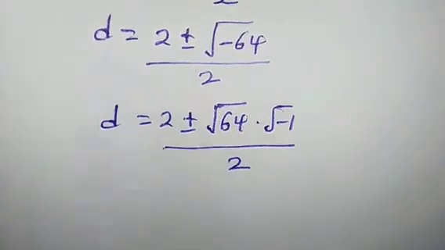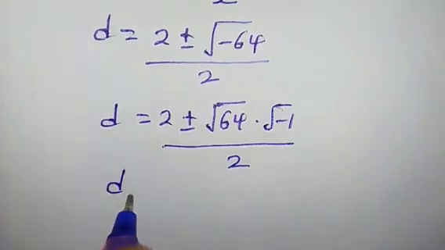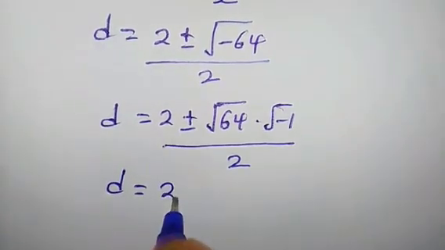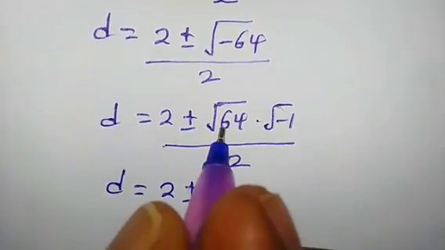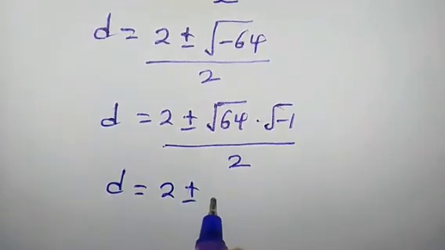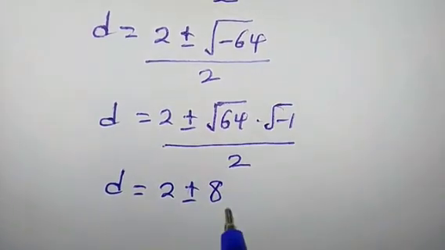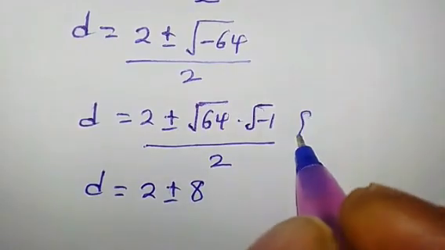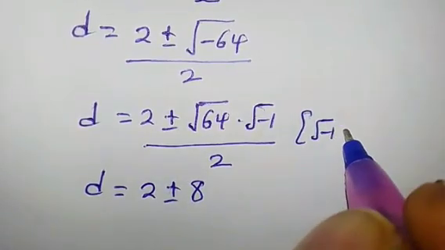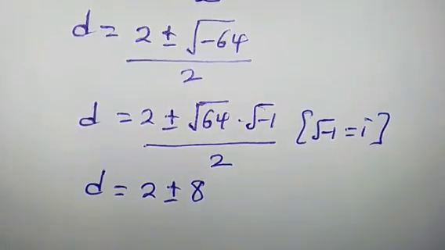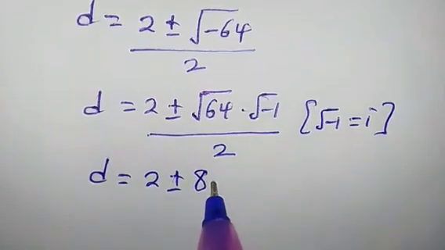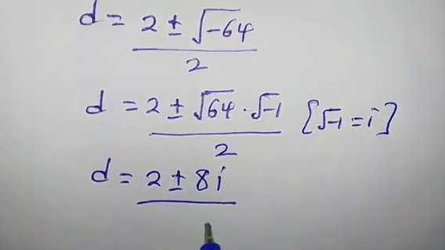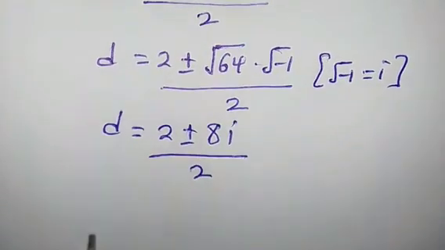Let's continue. So we have d equal to 2 plus or minus. What is the square root of 64? That is simply 8. And don't forget, from complex numbers, we know that the square root of negative 1 is equal to i. So we have 8i here, divided by 2.